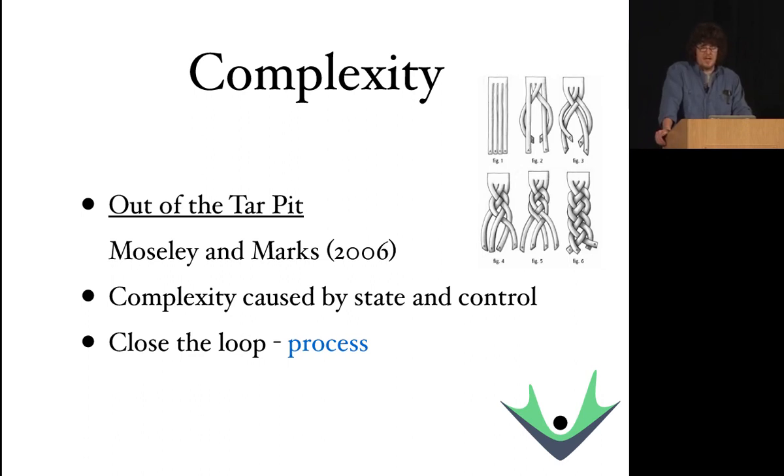They proposed functional programming and declarative programming, as expressed by relational algebra, as sort of a recipe for getting out of the tar pit, writing programs that were easy to understand, that were fundamentally simple, that were free of the complexity of both state and control. But there's a problem with the paper.